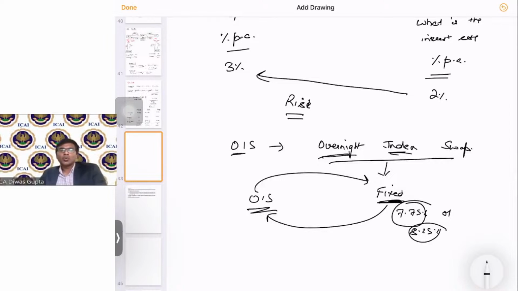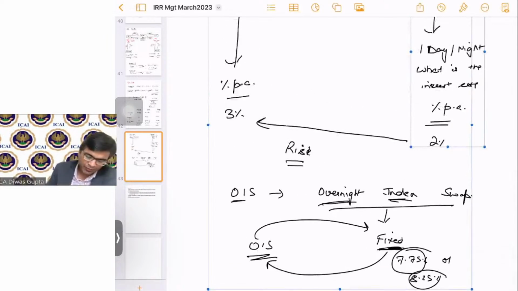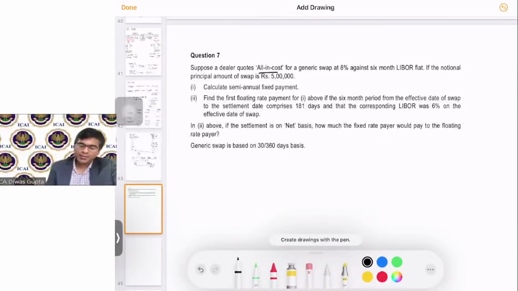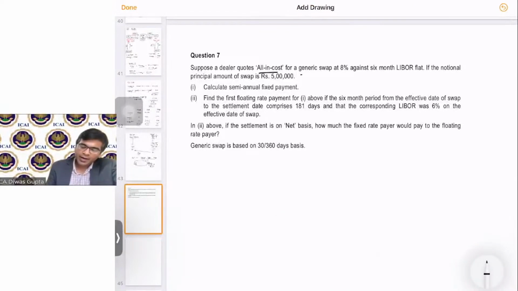Now let's go to the next question. Question number 7. Suppose a dealer quotes all in costs for a generic swap. Now, there are different kinds of swap, but a generic swap, a plain vanilla swap, is just a simple swap with no added complications.